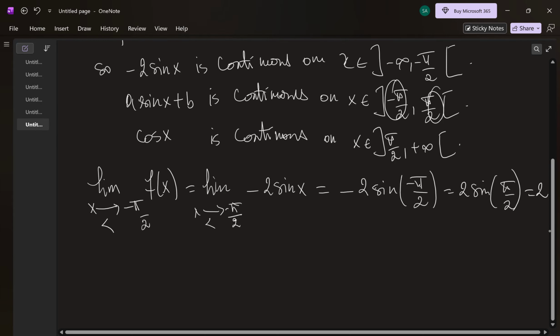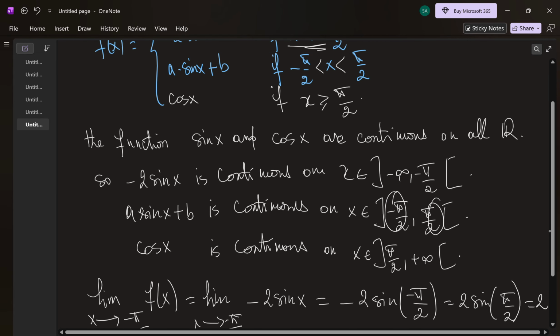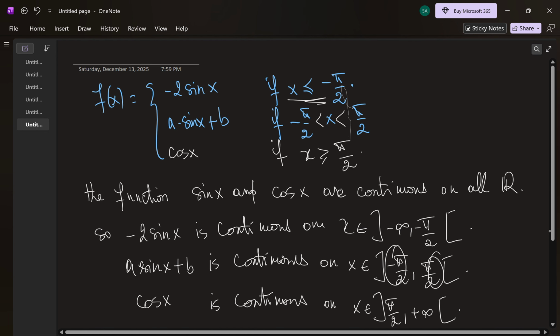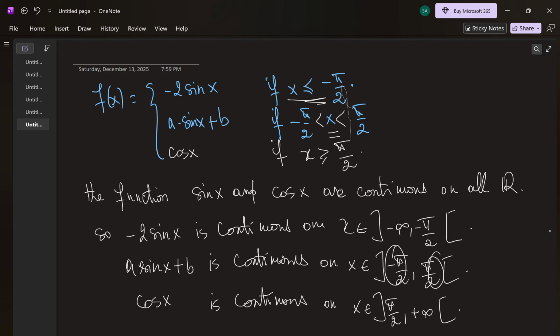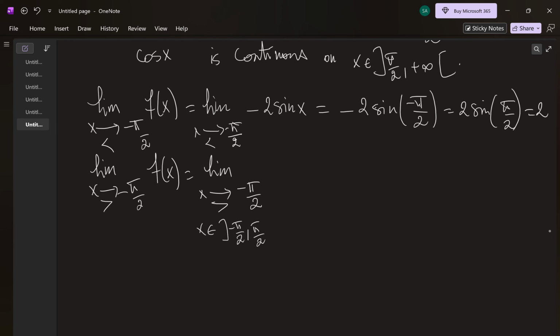Now next, limit when x goes to minus p over 2 from the right. So it is equal to the limit when x goes to minus p over 2 of the second function here. From the right of minus p over 2, x belongs to the interval minus p over 2 to p over 2, so f takes this value.